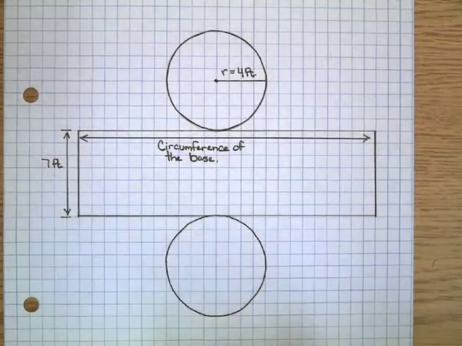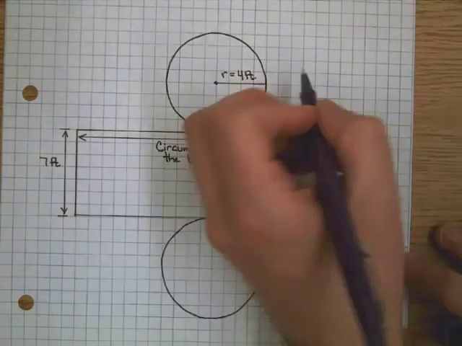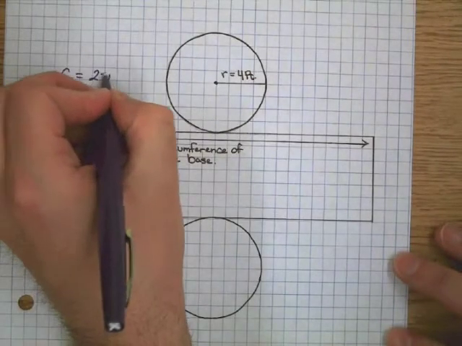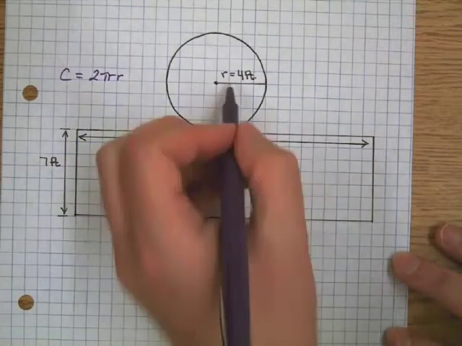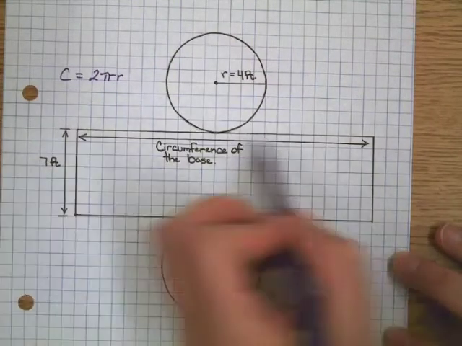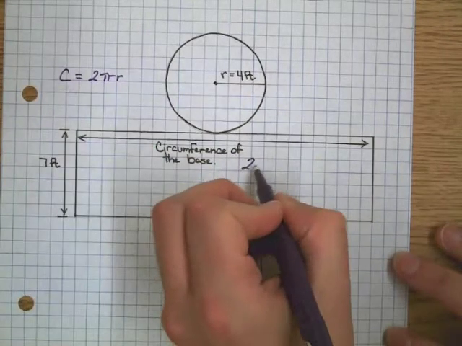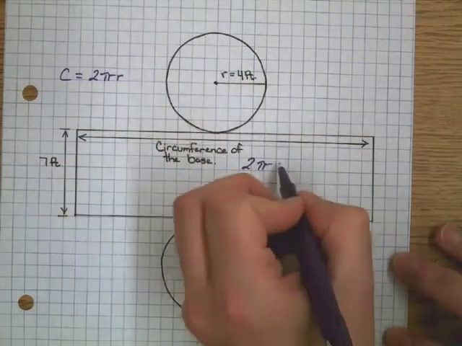And the circumference of a circle is 2 times pi times the radius. So we can find this distance along here. We could say 2 times pi, and the radius here is 4.